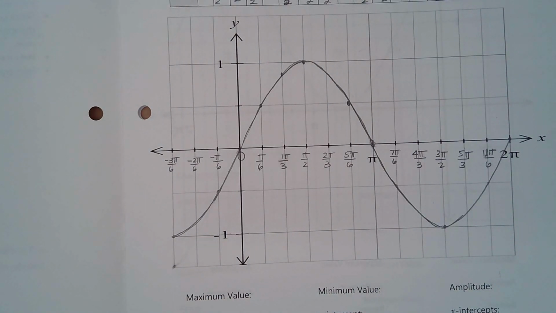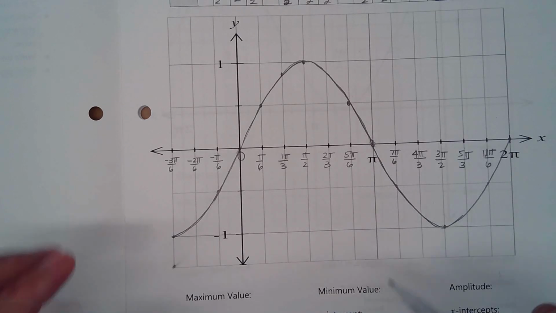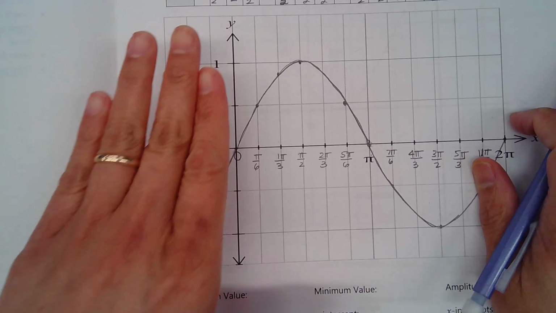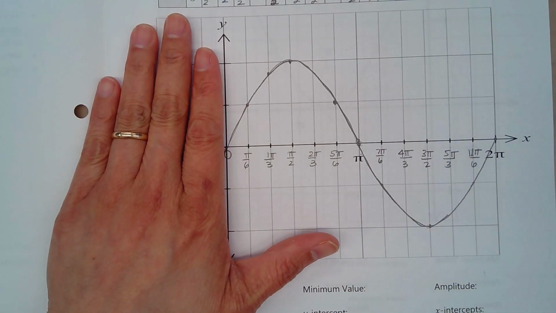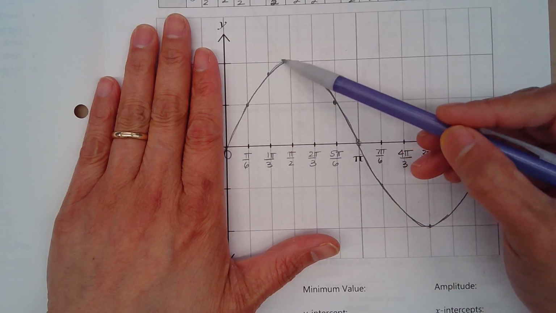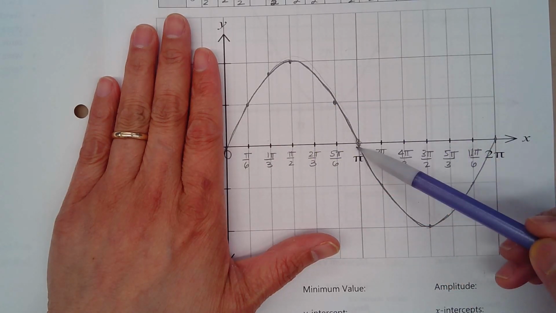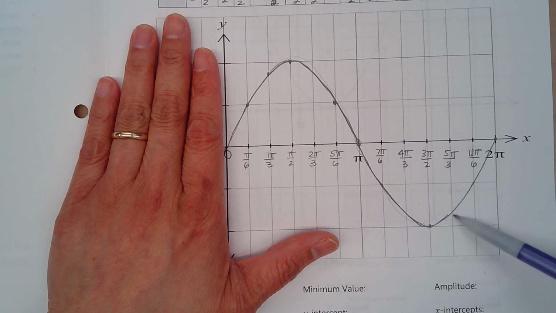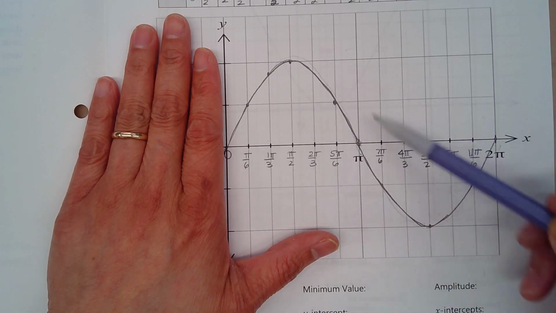Okay, so this is what the graph looks like, and this is what you're going to memorize, starting from 0 to 1, back to 0, down to negative 1, back to 0. So this is what the sine graph looks like.